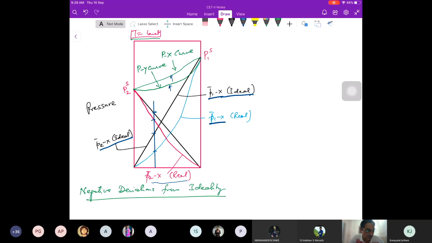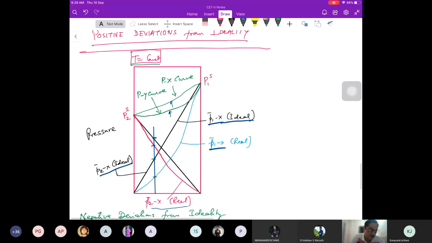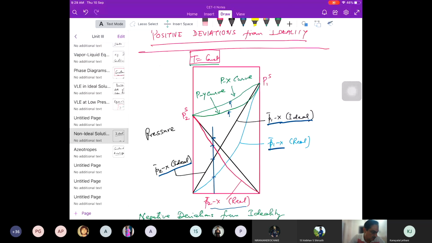Any doubts, questions before we proceed to the next part? So looking at the curve of partial pressure versus x or total pressure versus x, we can say whether it is positive or negative deviation of ideality. ठीक है? Okay. So once you understand that, let's go to the next one.